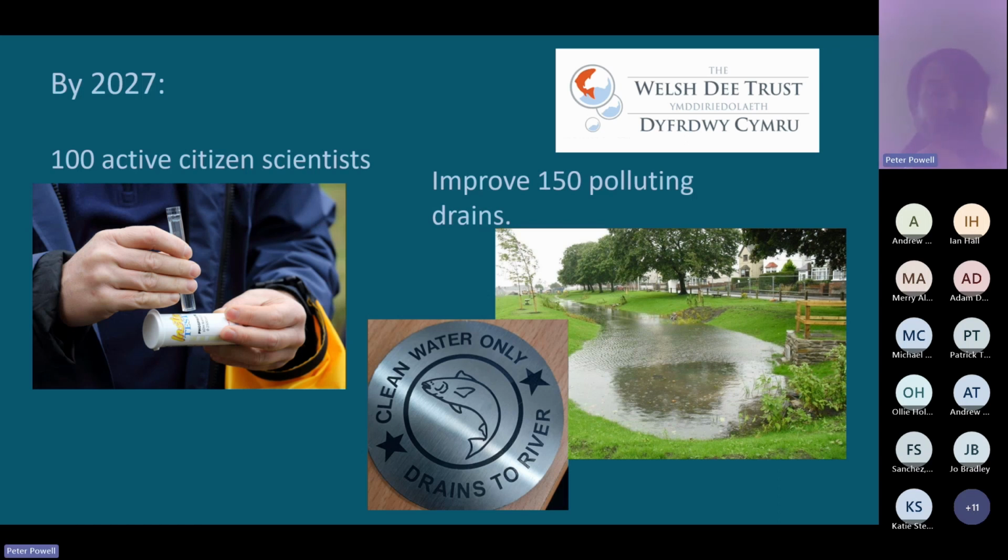The biggest challenge is identifying which of the thousands and thousands of clean water drains that go into the River Dee from urban areas and built up areas are the ones that are causing damage. So that's where our citizen science will play a big role in essentially trying to identify where those drains are, so that we can start awareness raising campaigns and focus our areas for our drain marking and our targets for SUDS.